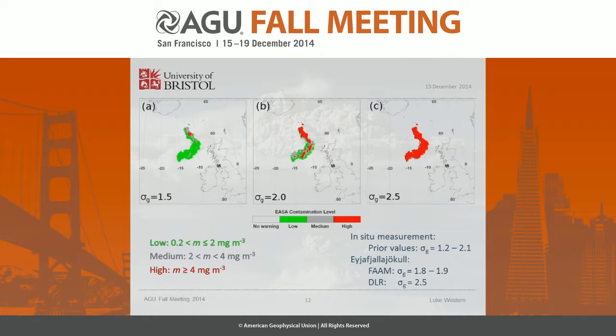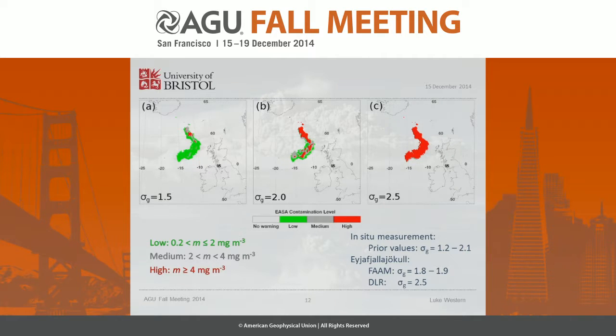But if you put yourself in the situation of someone producing one of these lookup tables prior to 2010, all values of this geometric standard deviation were somewhere between 1.2 and 2.1. So if we're making a lookup table based on observations, we'd probably be closer to the situation over on the left.